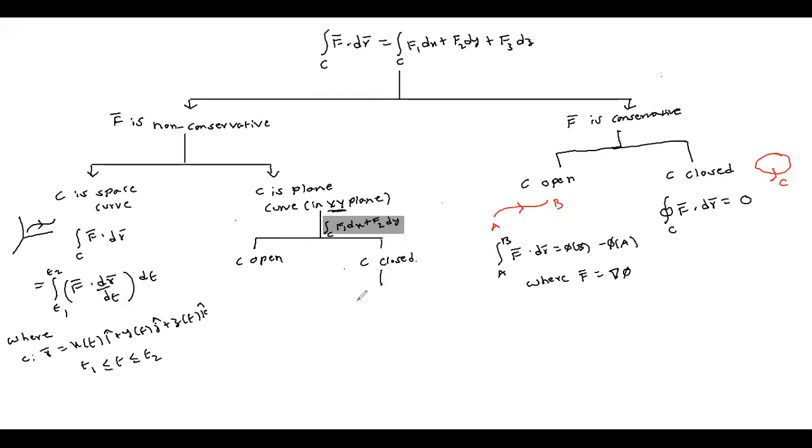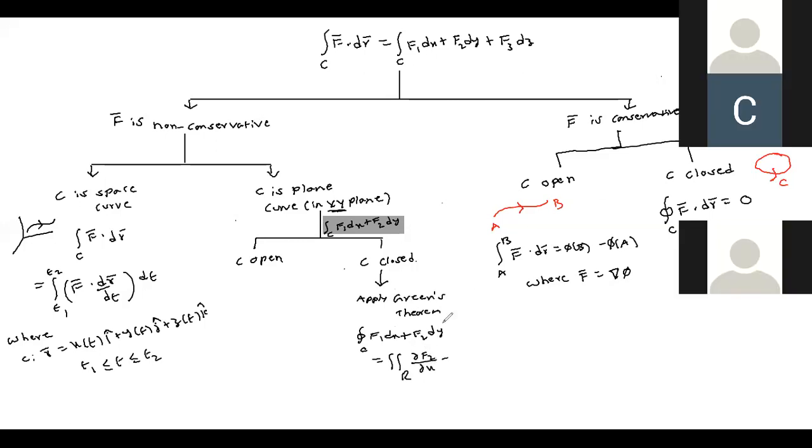Apply Green's theorem. What does Green's theorem say? The integral over C, because it is closed I am putting a circle here, of f1 dx plus f2 dy is equal to the double integral over R of (dou f2 by dou x minus dou f1 by dou y) dx dy, or I am putting it as dA.